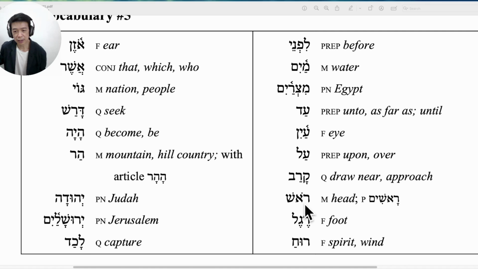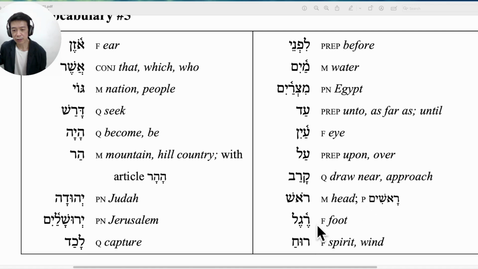The next word is head. It's pronounced as rosh in singular form. In plural form it is rashim.